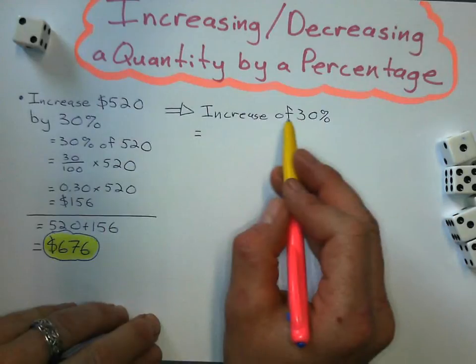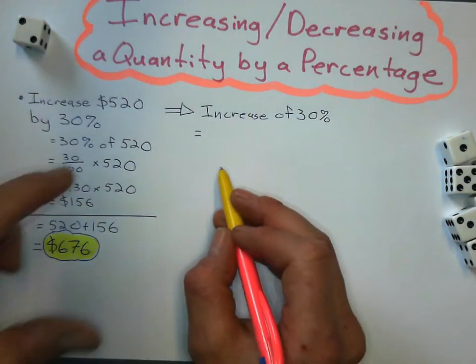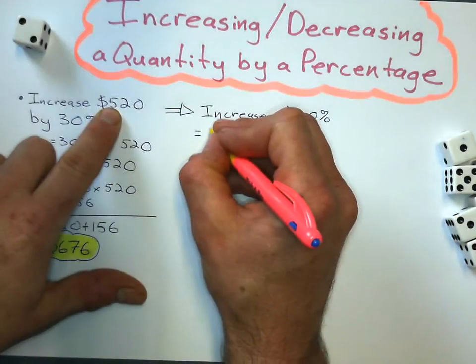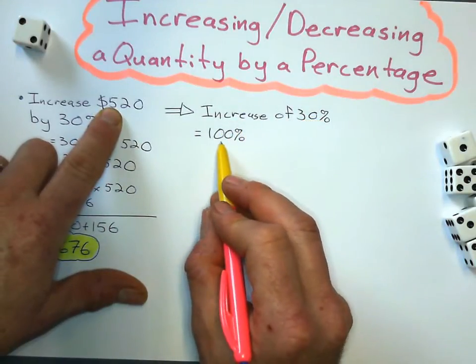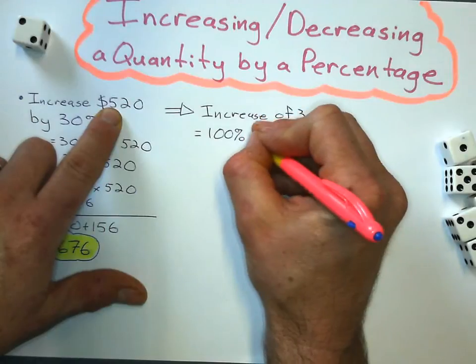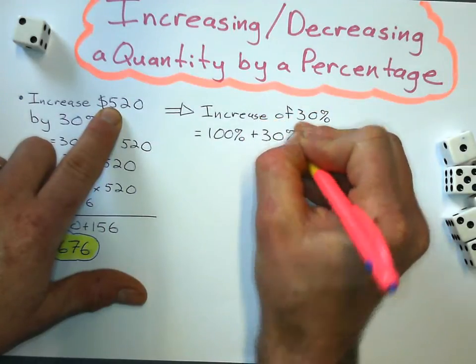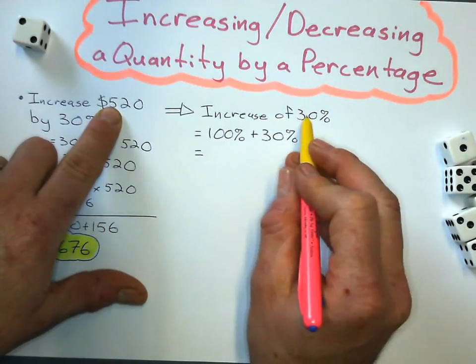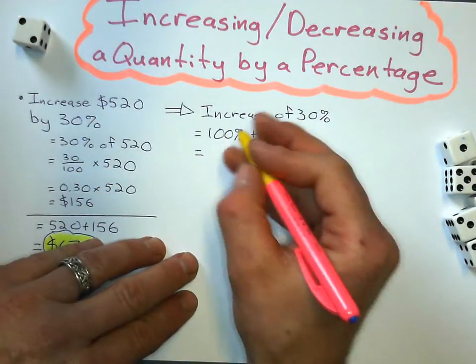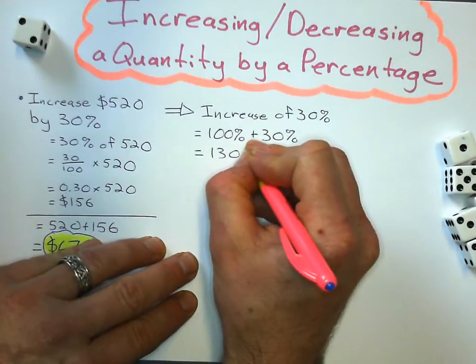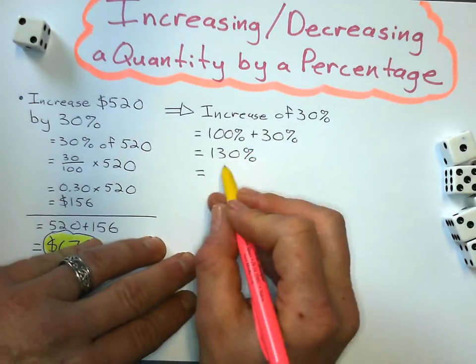An increase of 30% means I take the original amount, all of it, and another value for all is 100%, and I'm going to add 30% to that. So an increase of 30% means 100% plus 30%, and add those two up, and that's 130%.